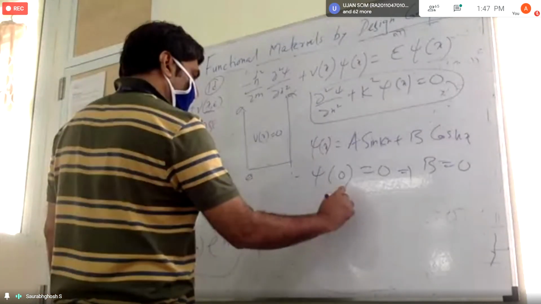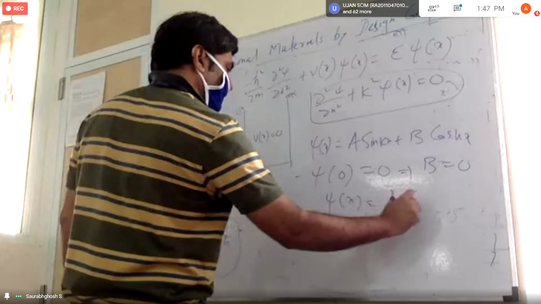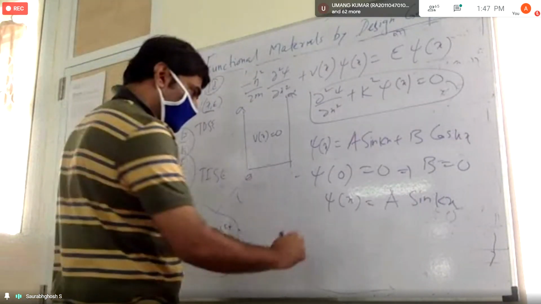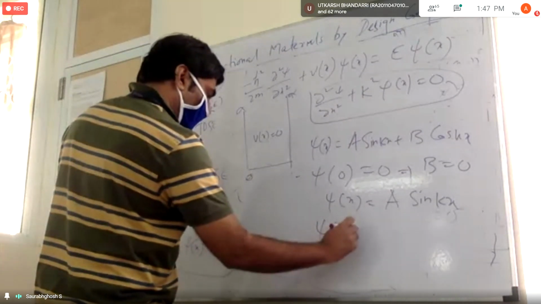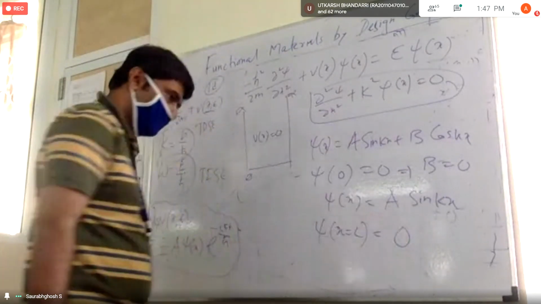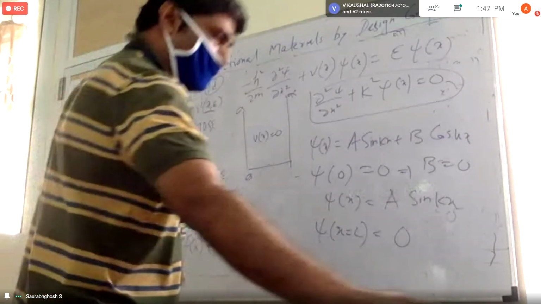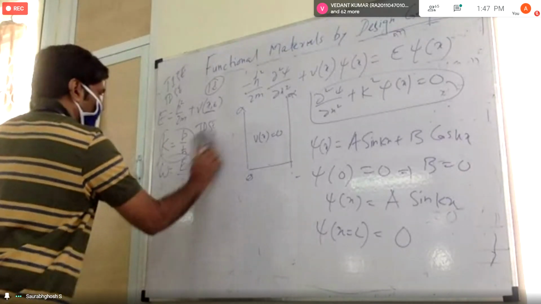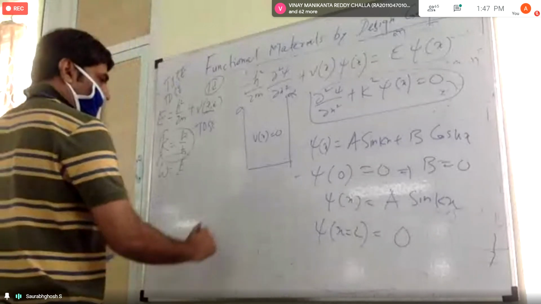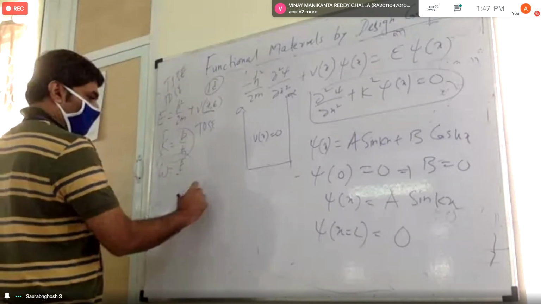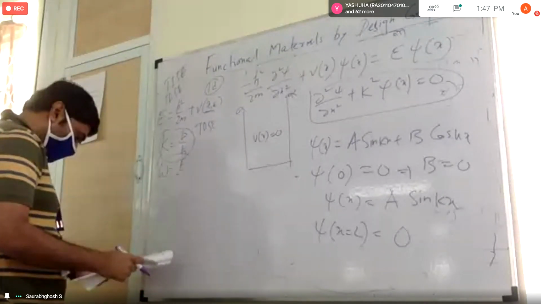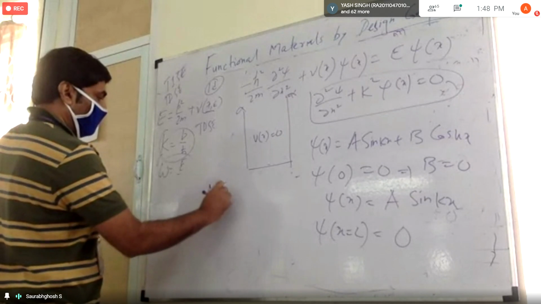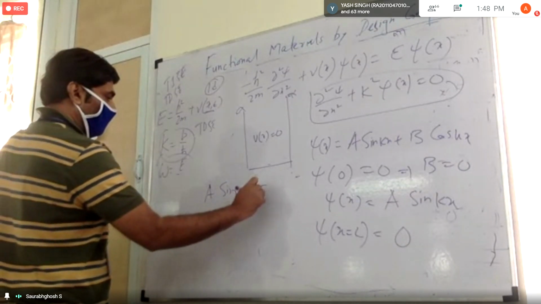Now what remains is that psi(x) is equal to A sin kx. What is the second boundary condition? x equals L is also 0, which implies that A sin KL is equal to 0.